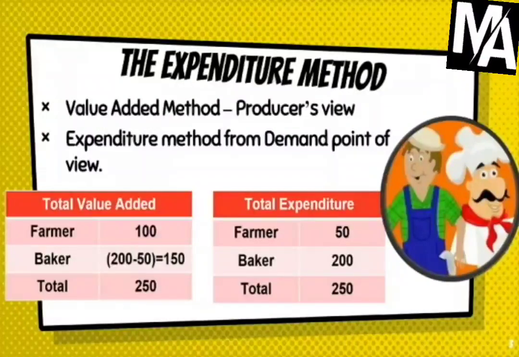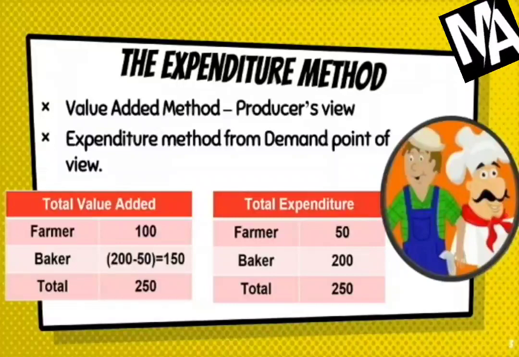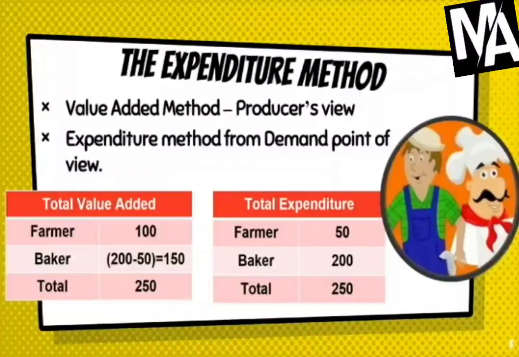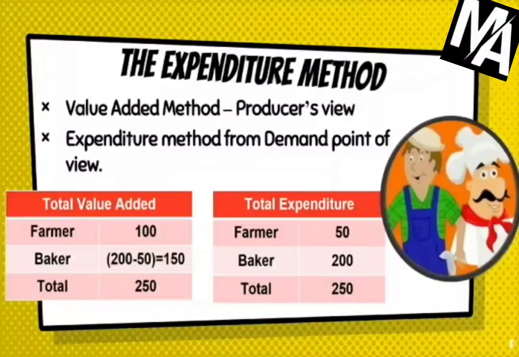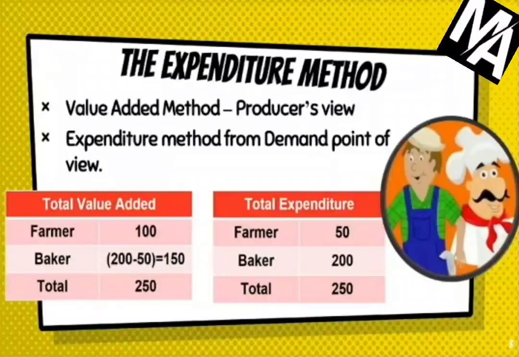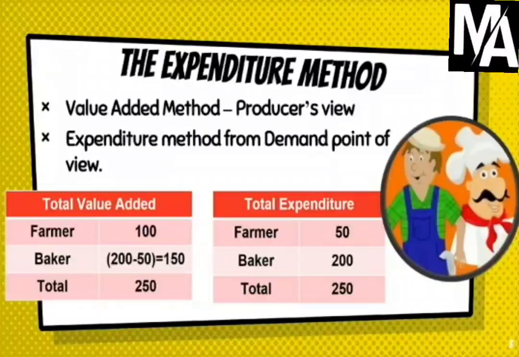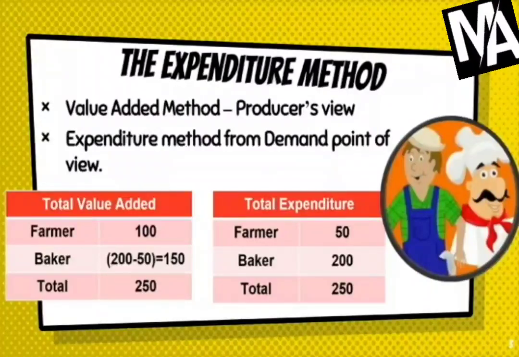So the expenditure made on the farmer is 50 rupees, and some consumer has consumed 200 rupees worth of bread, which means the expenditure made on the baker is 200 rupees. And so if you combine the expenditure made on the farmer and on the baker, we have 250 rupees of expenditure made on the farmer and the baker.